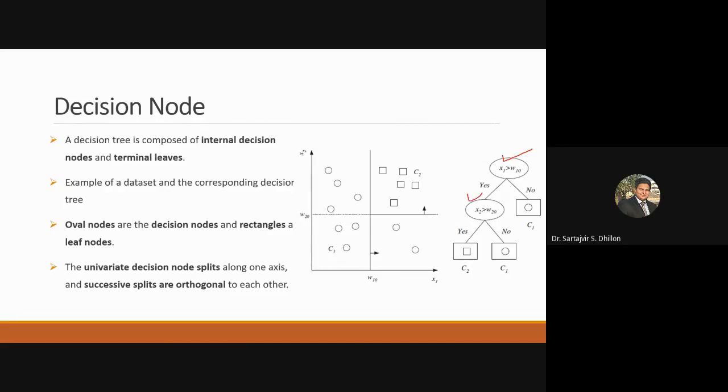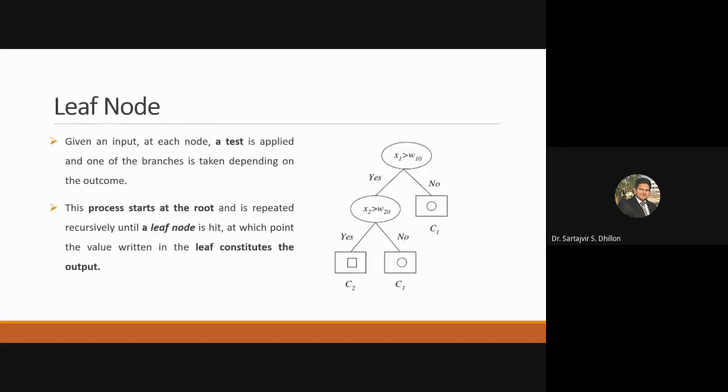These are the decision nodes, where we can put the rules, and these are your leaf nodes. Here you can see that these three are leaf nodes, and these two are your decision nodes. So you must be aware of these two important terms which are related to the tree.